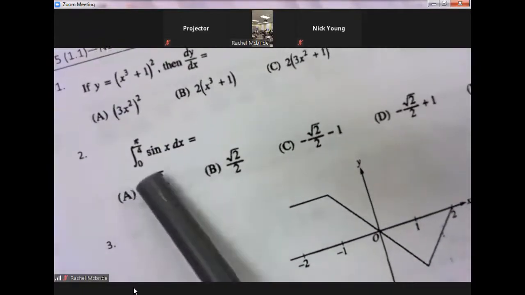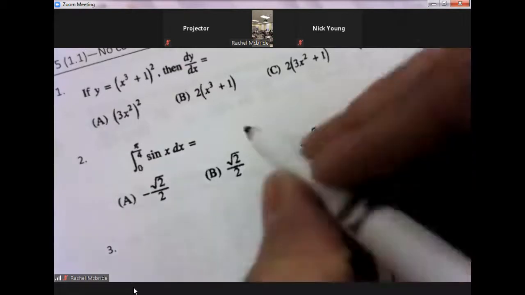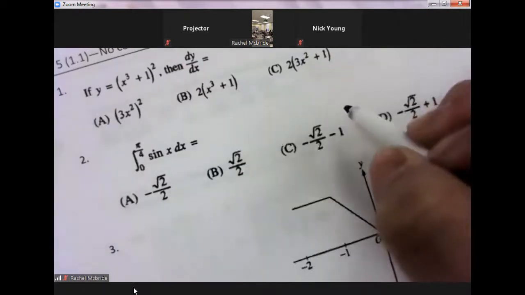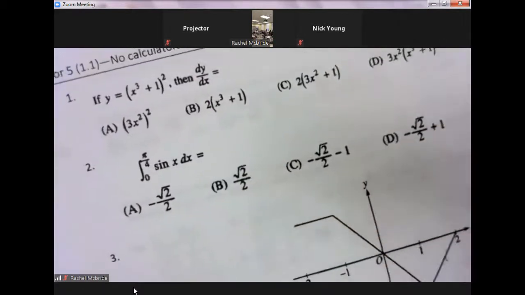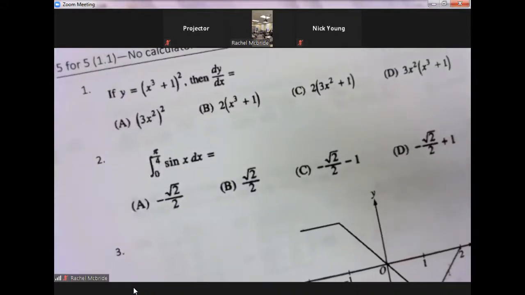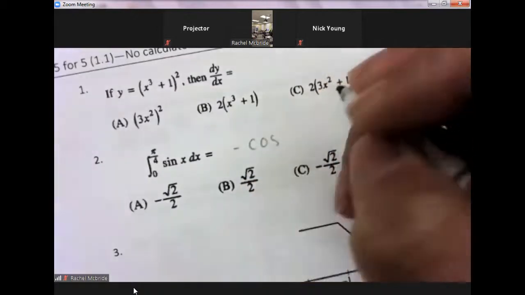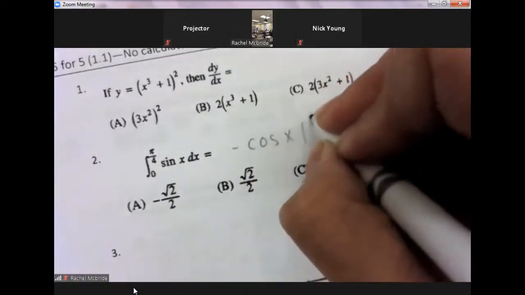So we have the integral from 0 to pi fourths of sine x dx. The antiderivative of sine is negative cosine, since the derivative of cosine is negative sine. So it's negative cosine x from 0 to pi fourths.